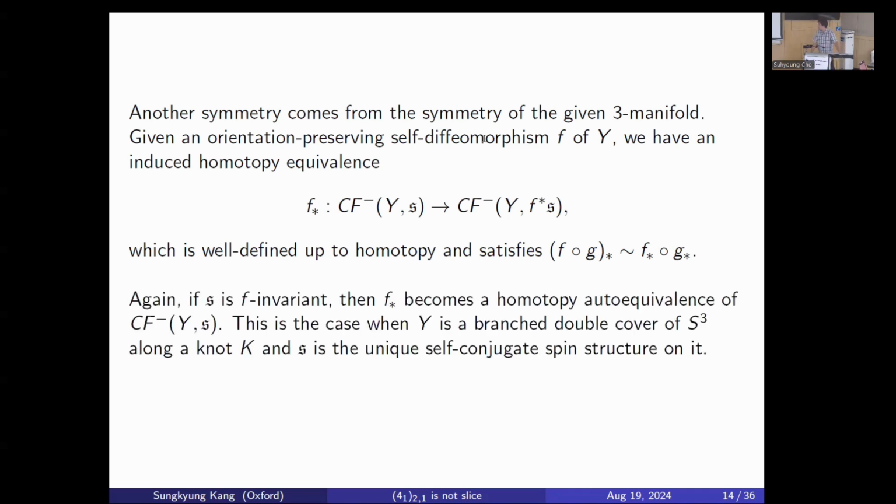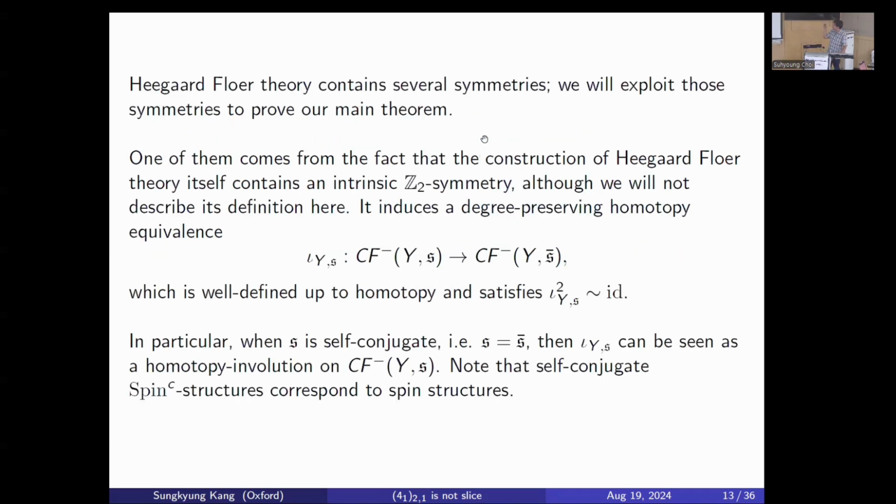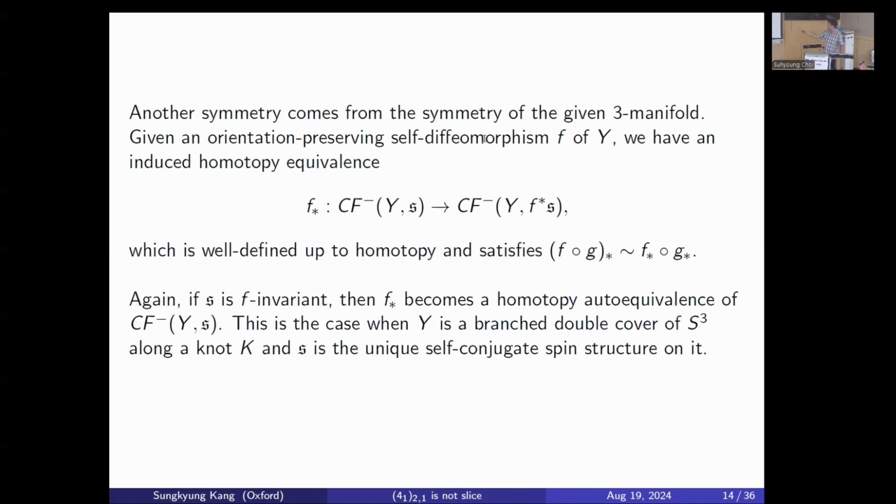As in the iota setting, if your spin-C structure S is f invariant, so that these two are the same, then it becomes a homotopy autoequivalence.